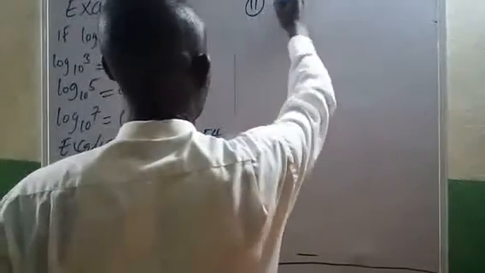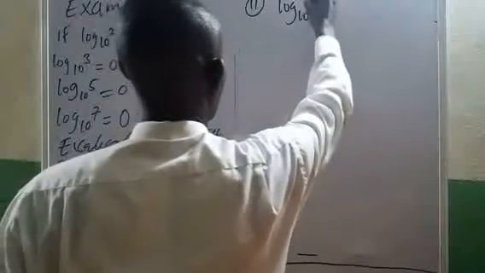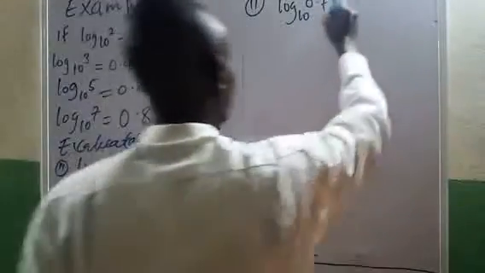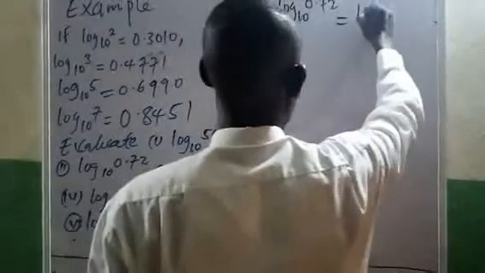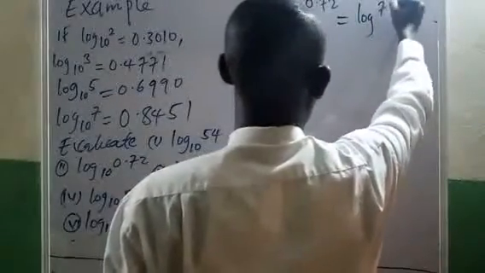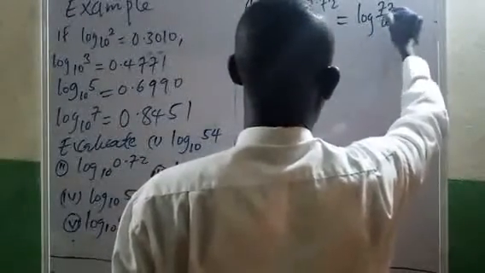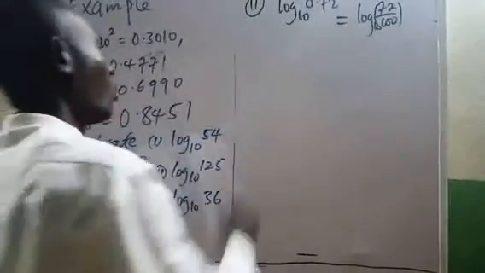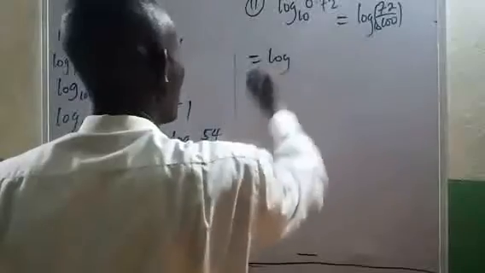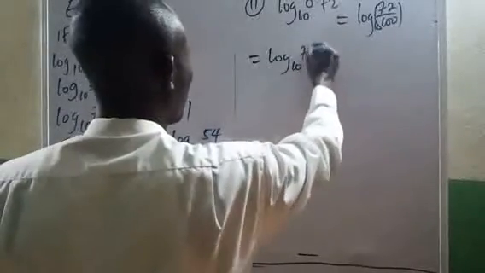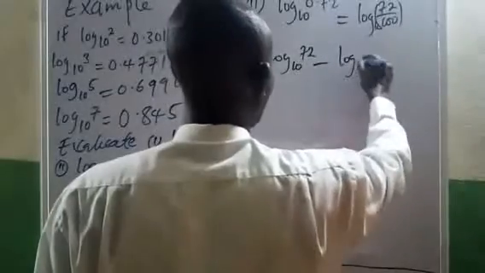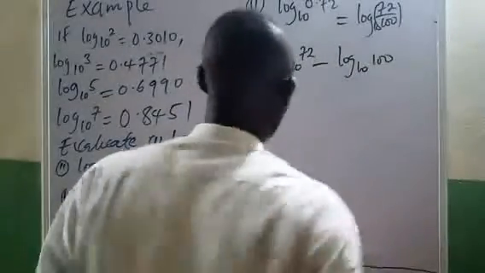We have log 10 of 0.72. This is the same thing as log 10 of 72 over 100, which is the same thing as log 10 of 72 minus log 10 of 100.